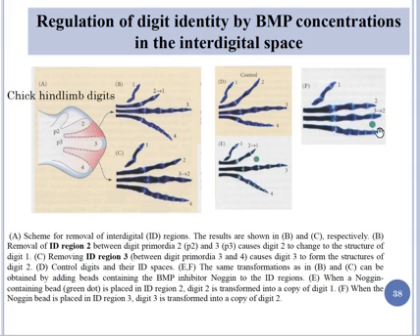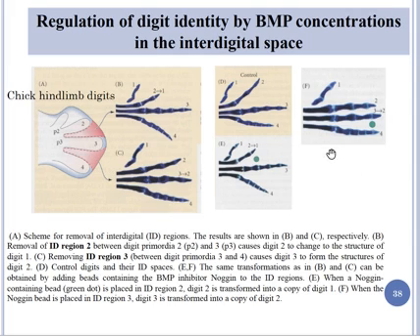And in this experiment, when they injected beads expressing noggin, an inhibitor of BMP, in this zone, digit number 3 was converted into digit number 2, exactly like what happened when we removed the whole interdigital zone 3.